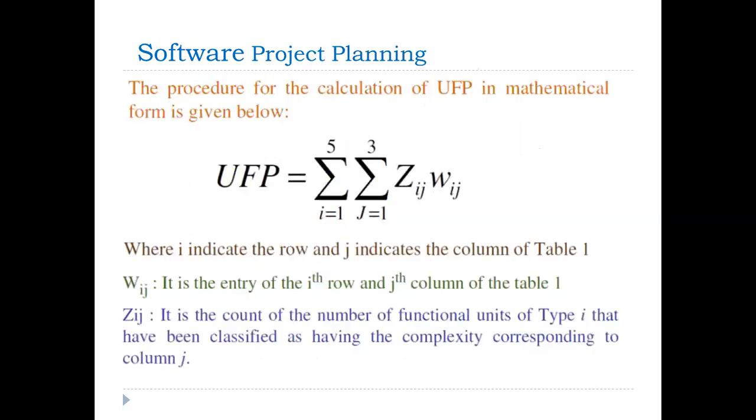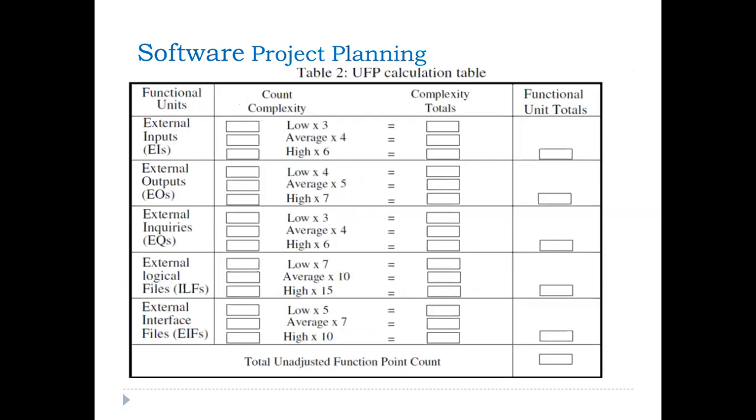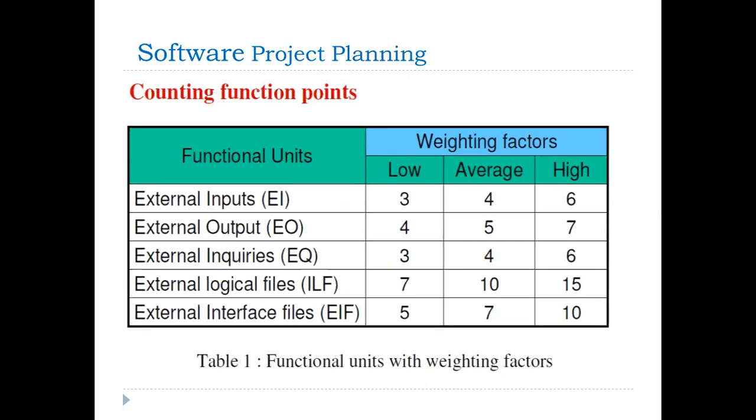Here is the formula to calculate the unadjusted function point. The procedure for calculating UFP equals the summation of i equals 1 to 5 and summation of j equals 1 to 3 of Zij times Wij, where i indicates the row and j indicates the column of table 1. In table 1 you can see external input, external output, and low, average, as well as high.